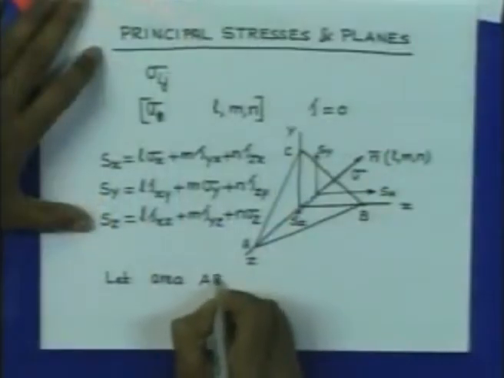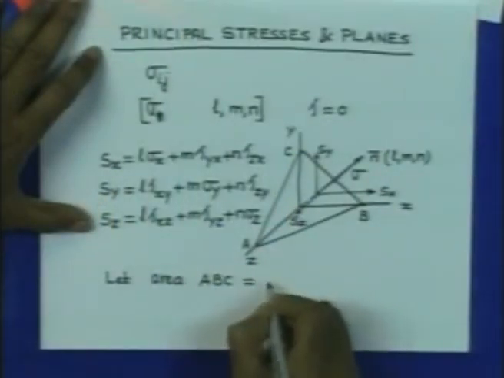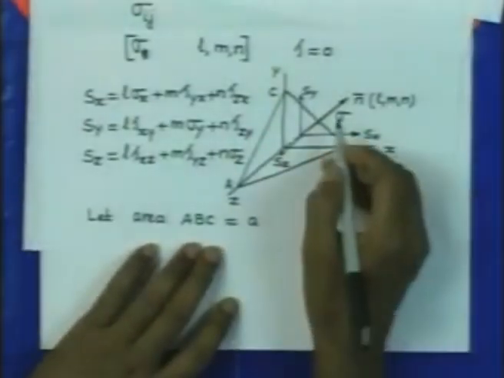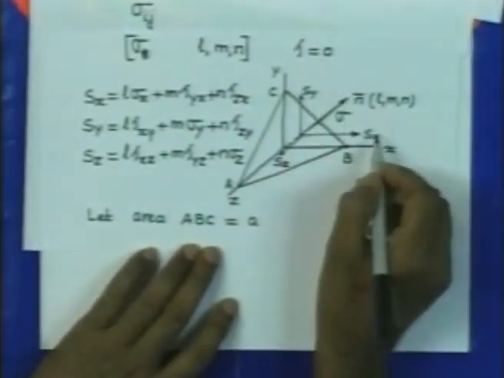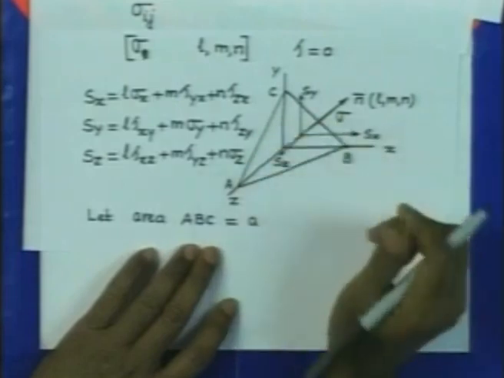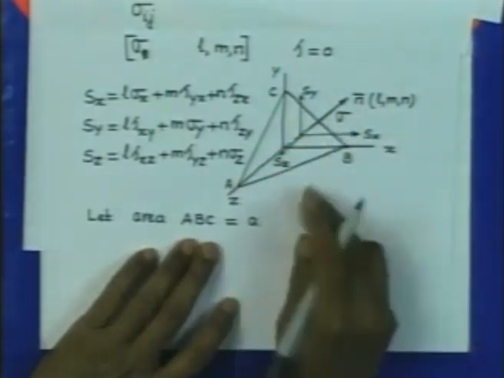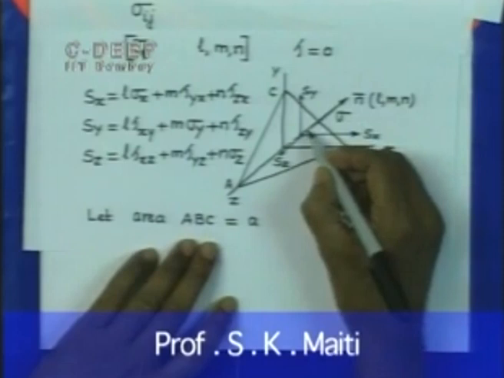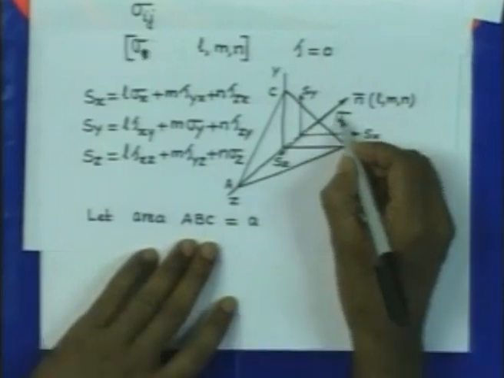Let the area of this plane ABC be represented by the symbol A. Now, the force which is going to act in the x direction because of the stresses on this plane is going to be nothing but A into Sx, and we can also find out the component from the stress sigma.